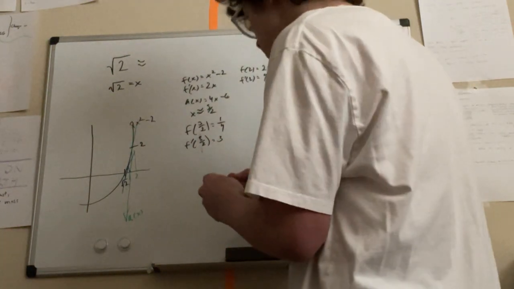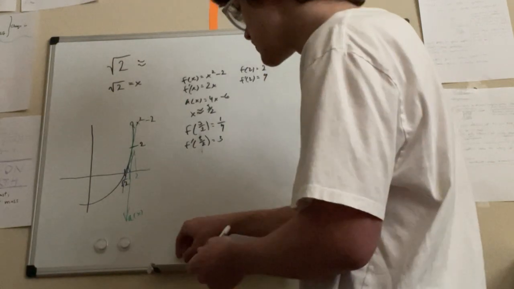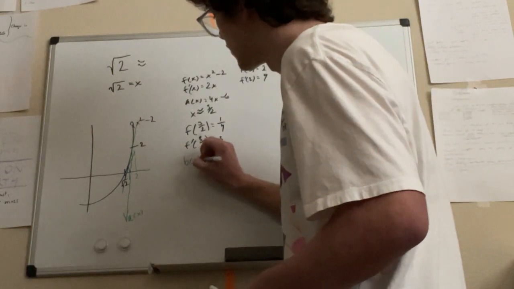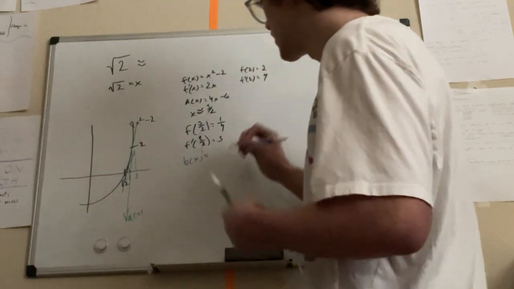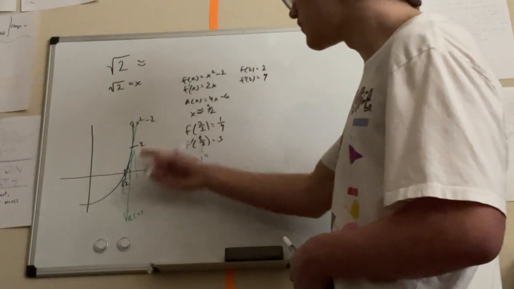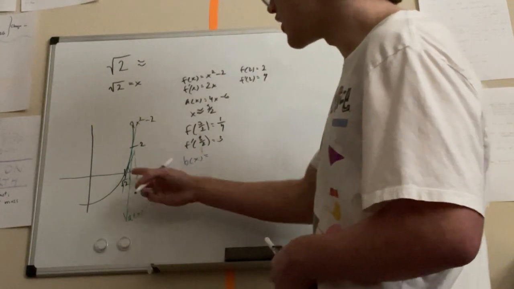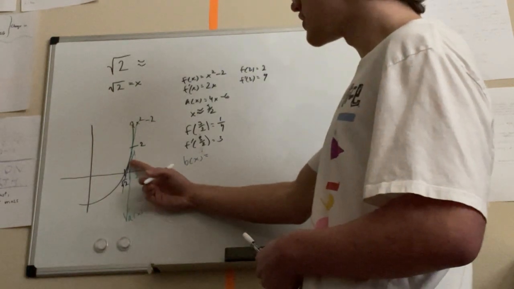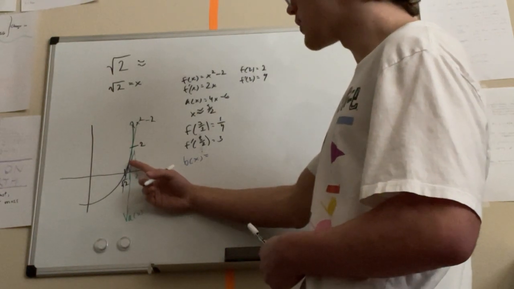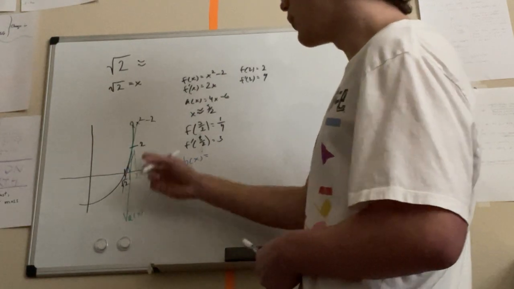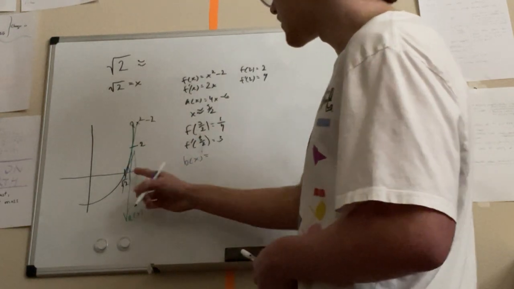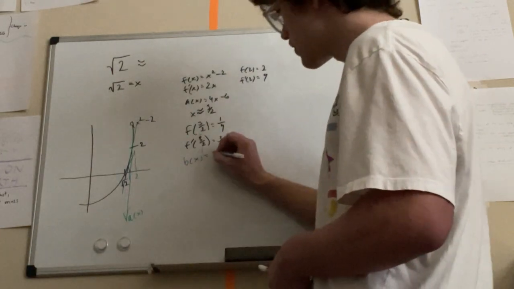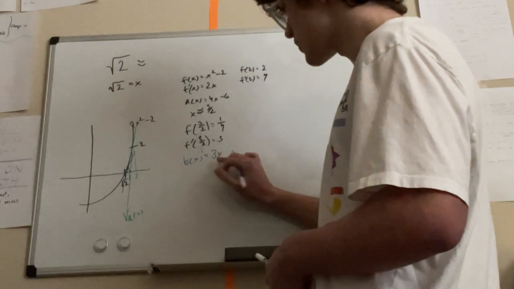to find the x-intercept for this line, let's just call this line b of x. Just go in order. b of x equals, well, what's the slope of this line? Because you see, we're finding the slope of x squared minus 2 whenever x equals 3 halves. So that would just be 3x. That's the slope, 3.